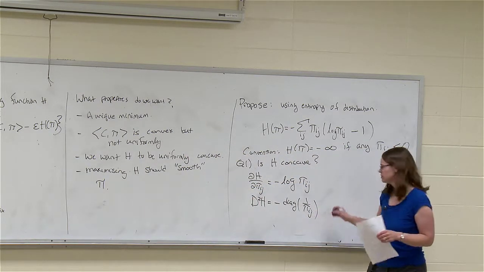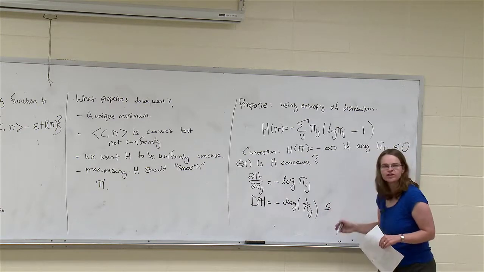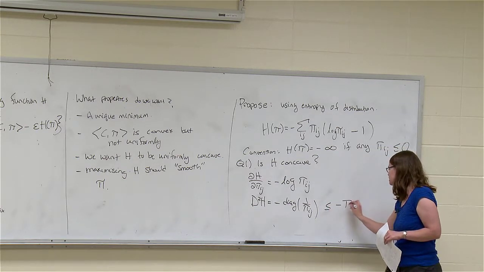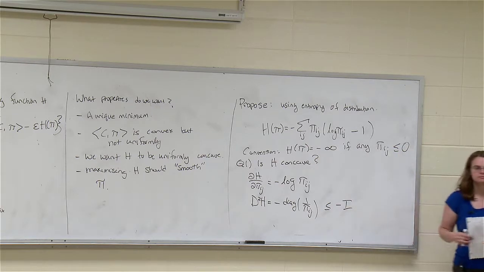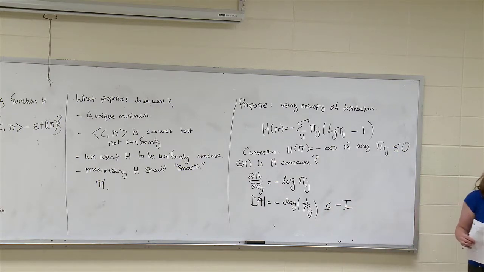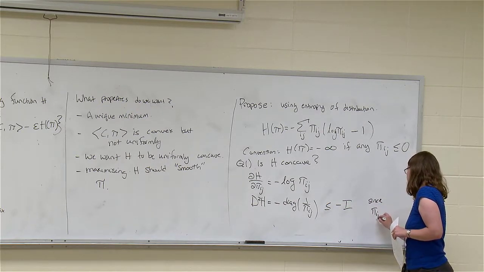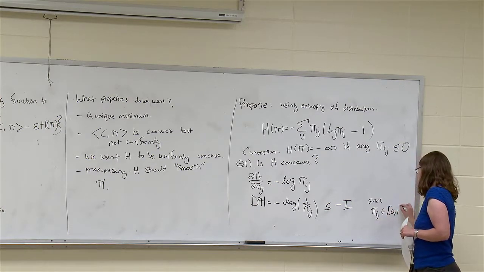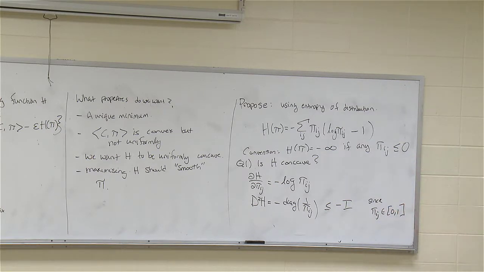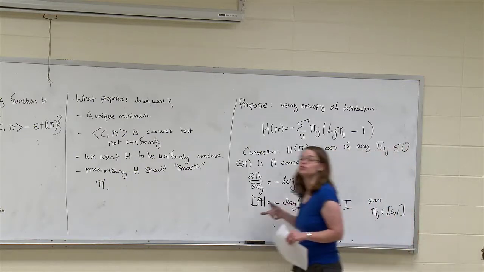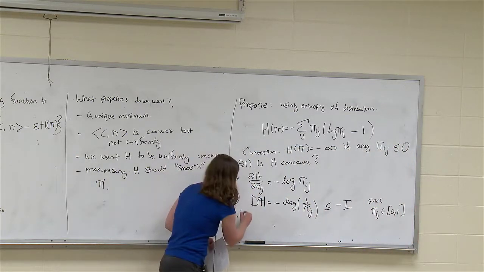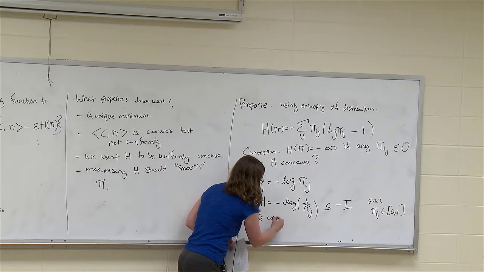Right, so this kind of abstract matrix comparison notation, this is strictly negative. All these second derivatives are strictly negative, since pi ij is between 0 and 1. Strictly negative is good. That means, in fact, h is concave. It's uniformly concave. So h is uniformly concave.